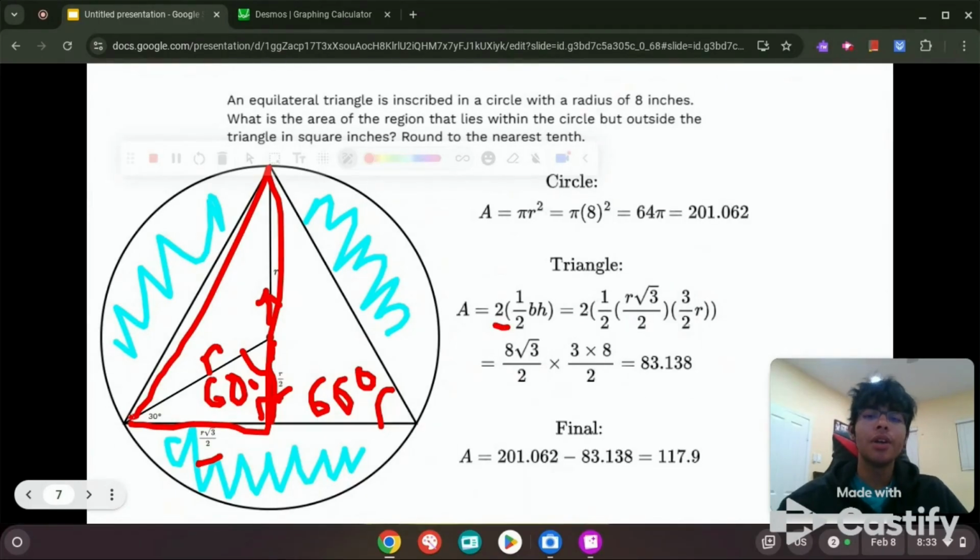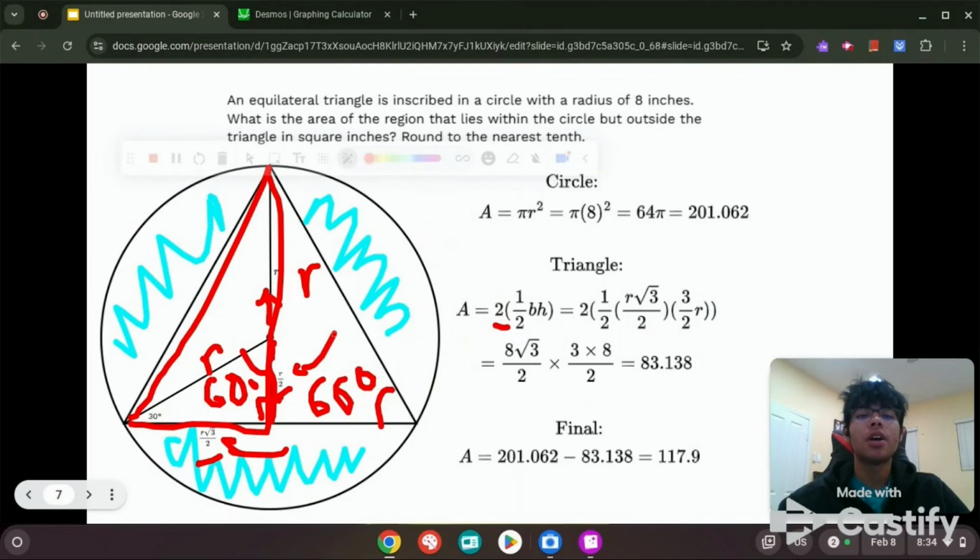We know that the base right here is r times the square root of 3 divided by 2. And from our information earlier, this is r because this is going from the center to the point on the circle, and this is r over 2 because we calculated this from our special right triangles.